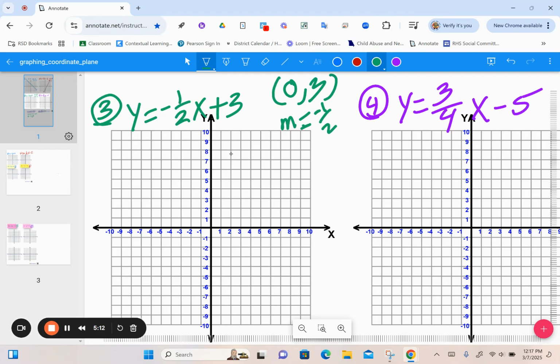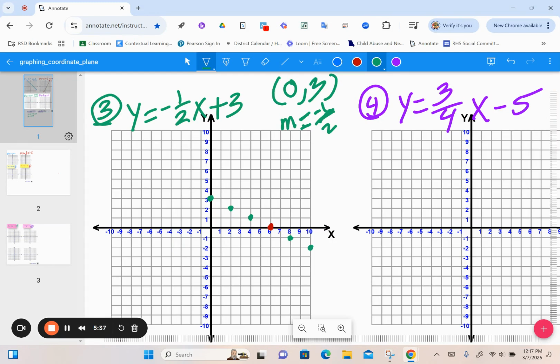So there's a negative sign up here. Negative 1 over positive 2. So up to 3, down 1, right 2, because it's negative 1, positive 2. And again, we're going to have an x-intercept, so I'm going to make it a different color, just so you can see. You got your y-intercept, where your line crosses the x-axis, called the x-intercept.